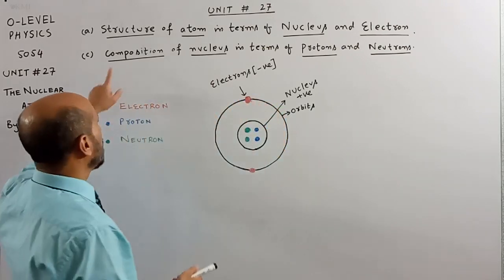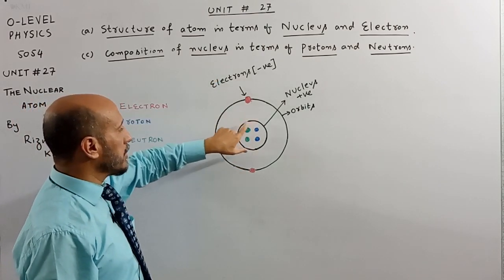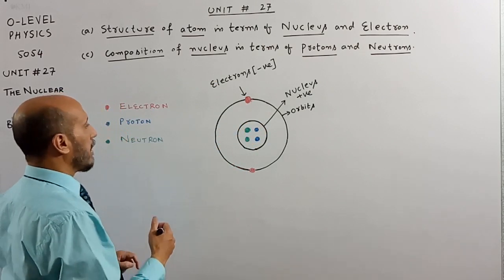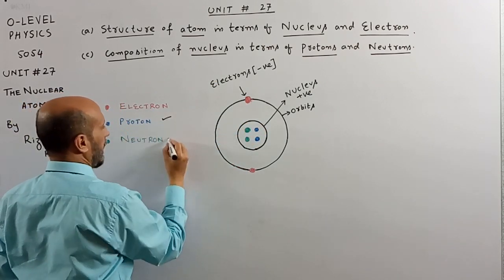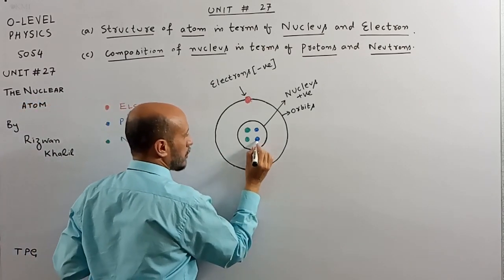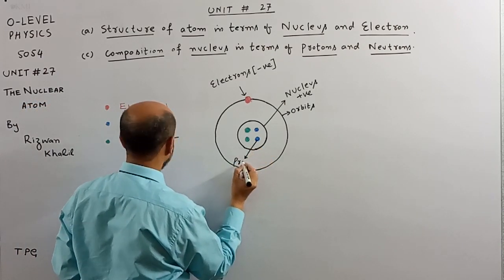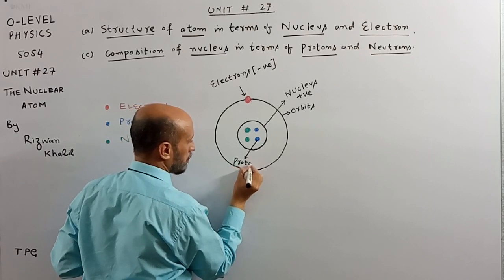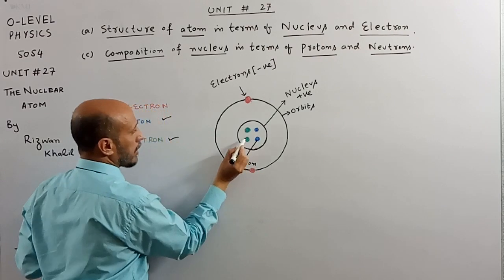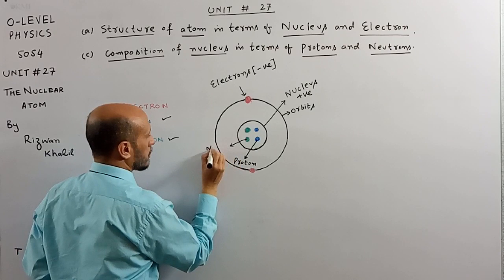Now we will see the composition of nucleus. Basically nucleus consists of two particles, and these particles are protons and neutrons. So this blue color shows the protons, and green color shows neutrons.